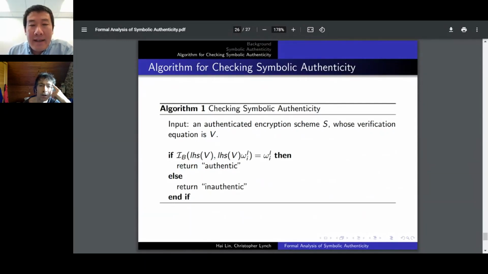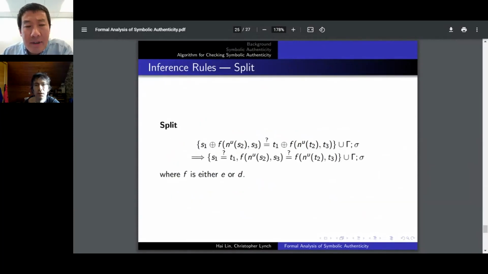Yes, it looks like decomposition, but there are some constraints. On both sides, you need to have a pair of E-rooted terms or a pair of D-rooted terms. Okay, so you have side conditions. Yes. Okay, I see.